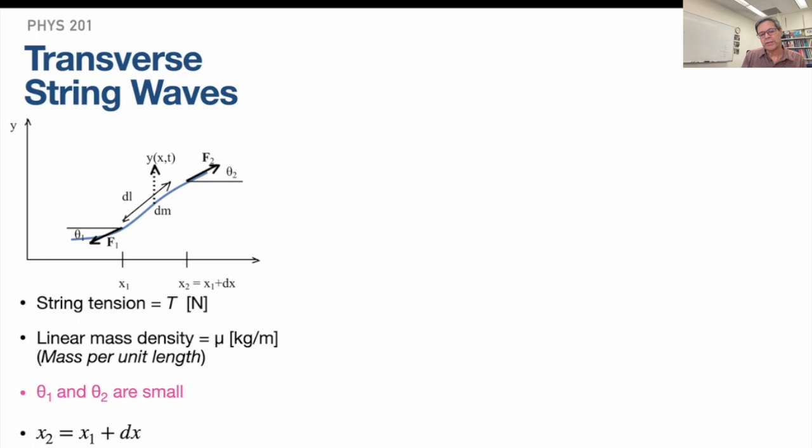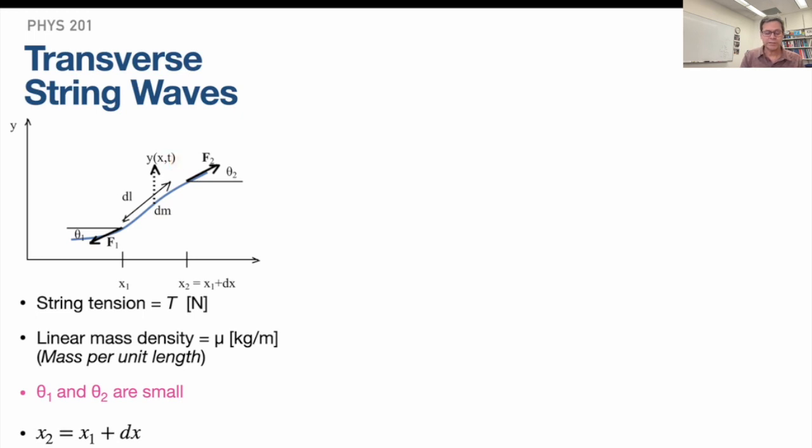But we'll let those angles be very small, and you'll see why. We'll do a small angle approximation. And then the length of the string is between x1 and x2 on the x-axis. But we'll let x2 be rather close to x1, infinitesimally close, so x2 will just be x1 plus dx when we do this calculation. Okay, so that's the setup.